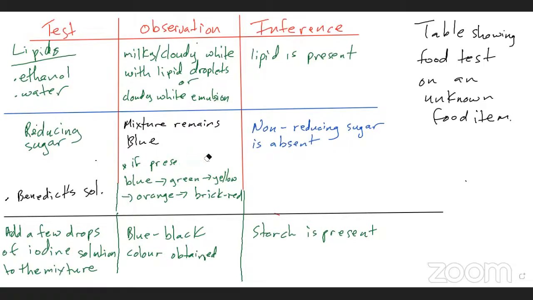So in terms of observation, the color change is the same for reducing sugar as non-reducing sugar, bearing in mind that you use the acid and the base for the non-reducing sugar. All right, so that's it for the food test. We're going to move on.